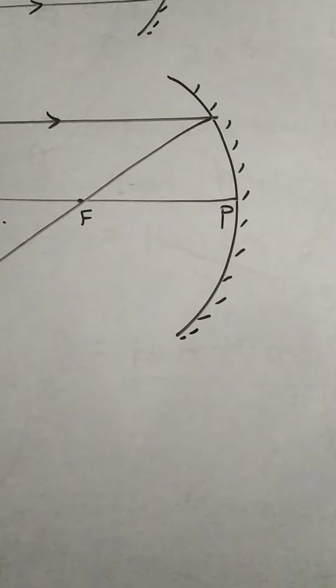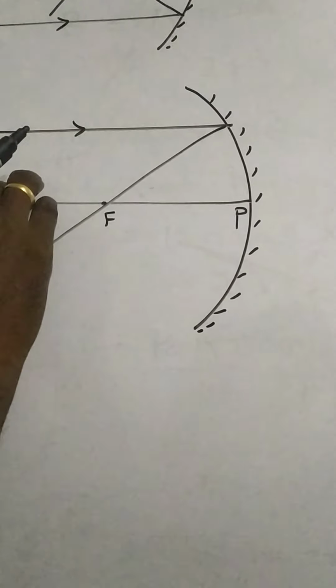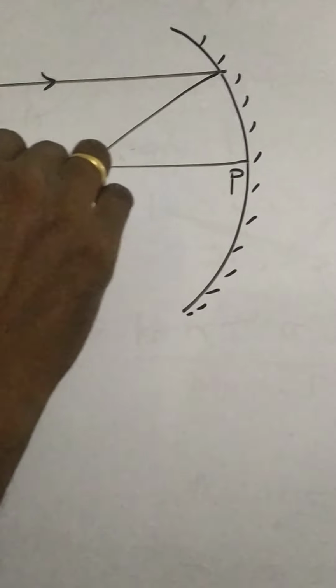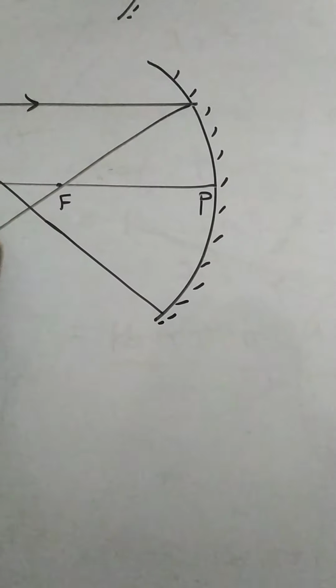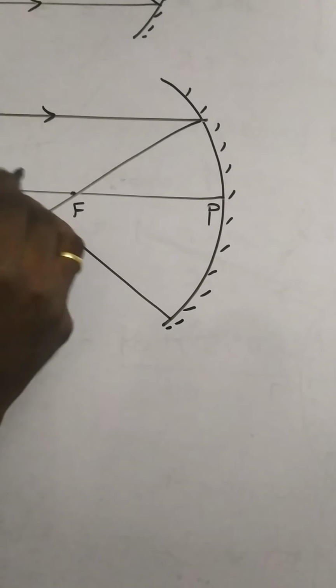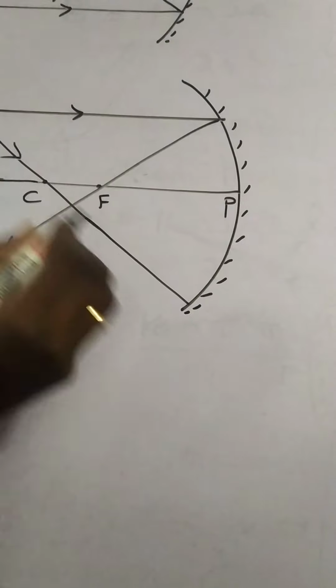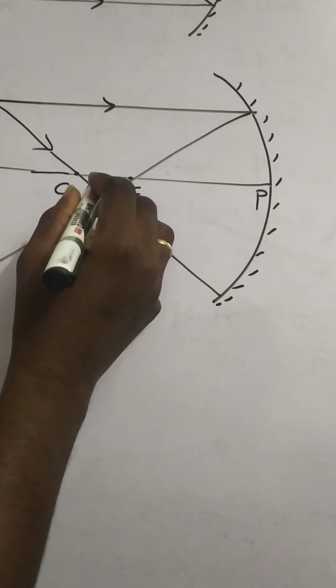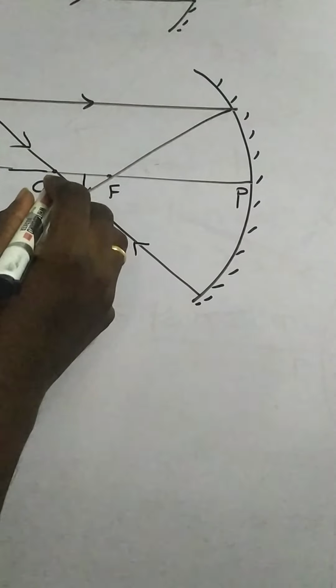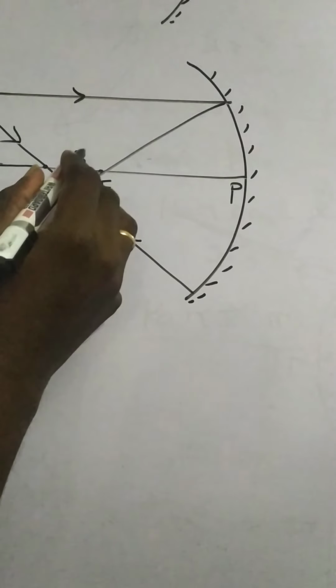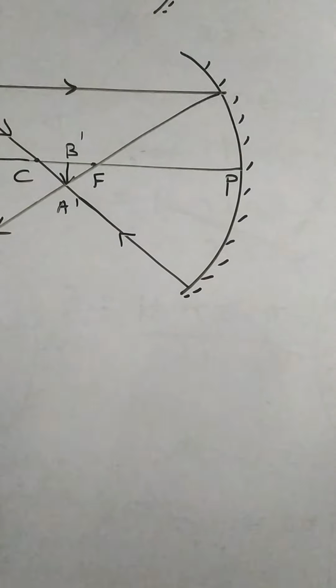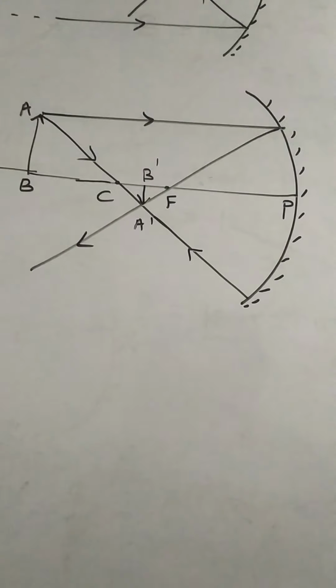A ray is passing towards the center of curvature. What happens? It retraces the path. So the image is obtained between C and F, A dash B dash. Real and inverted image.